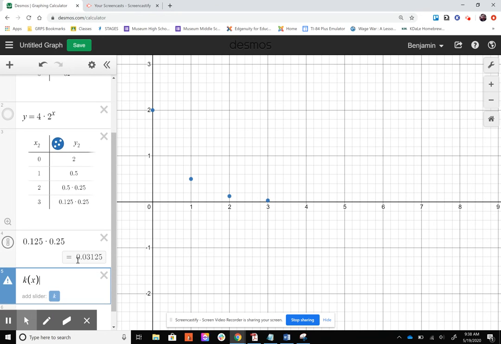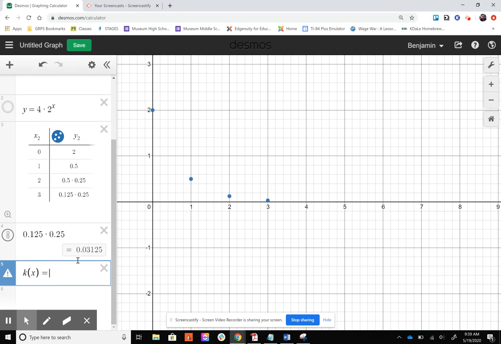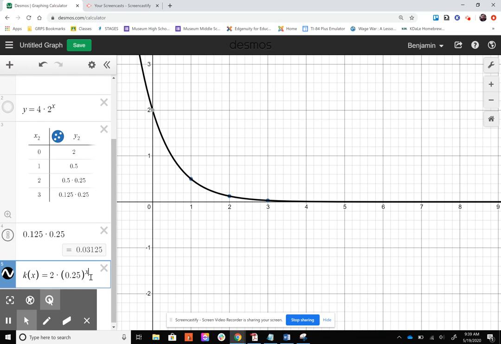k of x equals starting value of 2 times 0.25 to the x power. And there we go. So that looks great. Now, what's great is now that we have it in function form, let's say I wanted to know, well, what's my value when I'm on step 40?